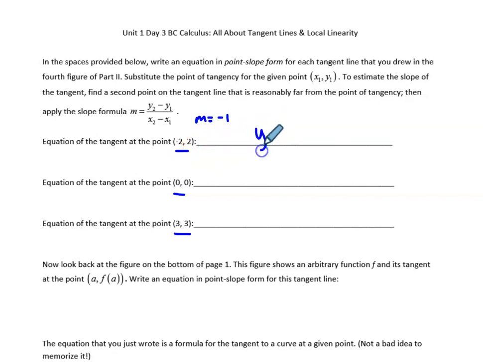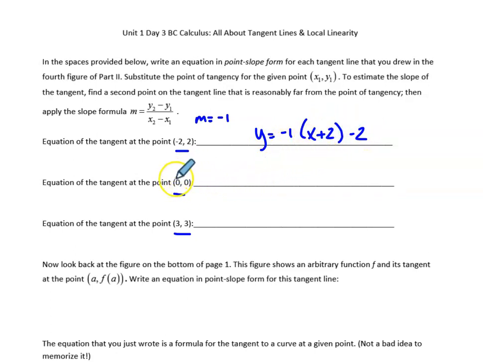So to write the equation of the tangent line, we would say y equals negative 1, times x minus a negative 2, which is x plus 2, and then plus the y value. We're going to leave this in point slope form instead of multiplying it out to put it in slope intercept form.